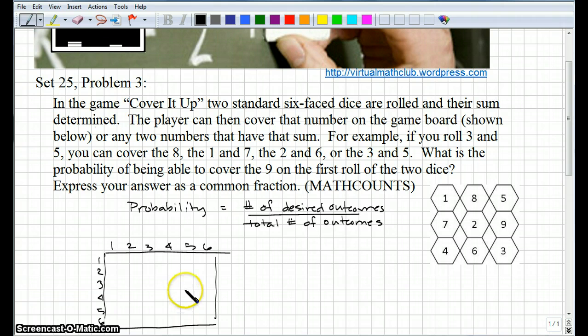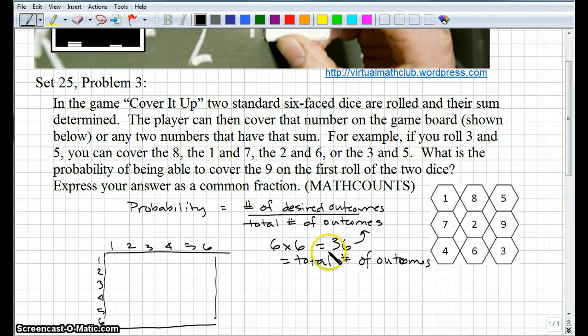And so you can see that it's just going to be 6 times 6 is equal to 36. So that's equal to the total number of outcomes. That's just the denominator here. So the denominator is 36.